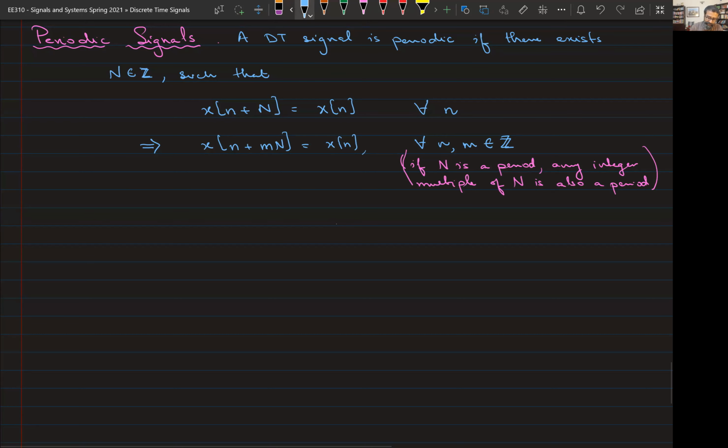So let me talk about some examples. If I tell you that x of n is equal to half raised to the power n for 0 less than or equal to n less than or equal to 2, and is 0 otherwise, is this a periodic signal?